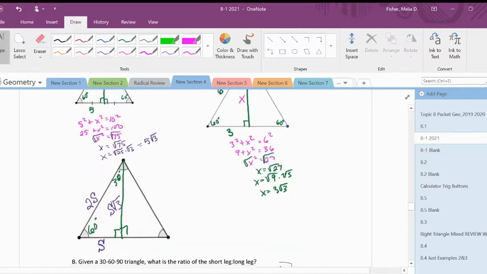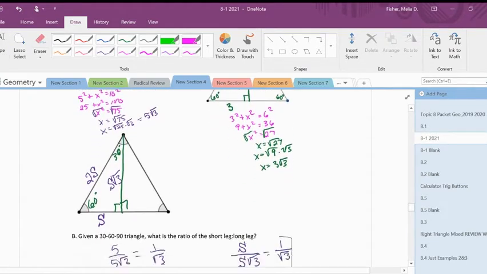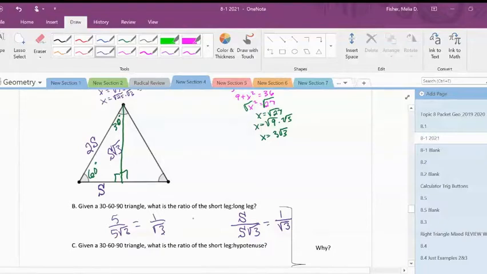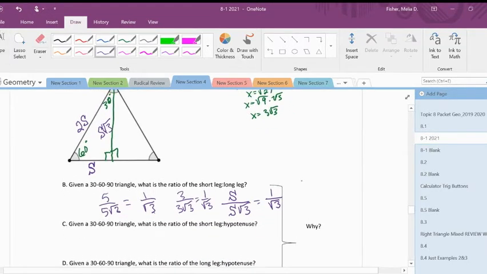And we can look at our other equation where x equaled 3 square root 3 and the short leg was 3. So that would be 3 over 3 square root 3. That also reduces to 1 over the square root of 3. Now we need to rationalize that, of course. So 1 over the square root of 3, multiplying the top and the bottom by the square root of 3 gives me the square root of 3 over 3.